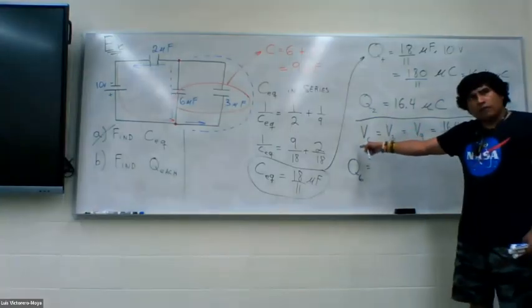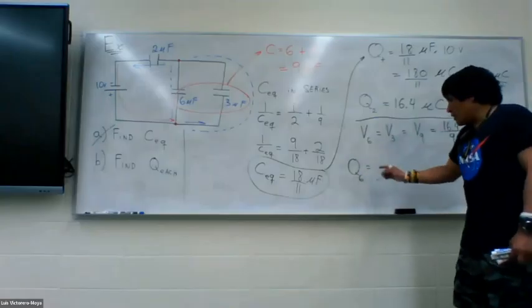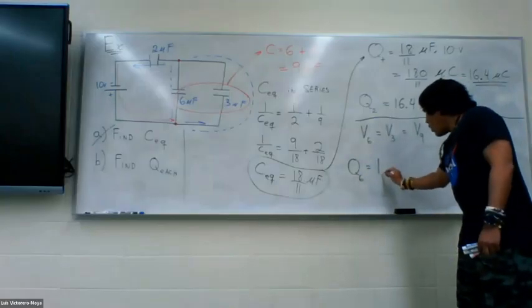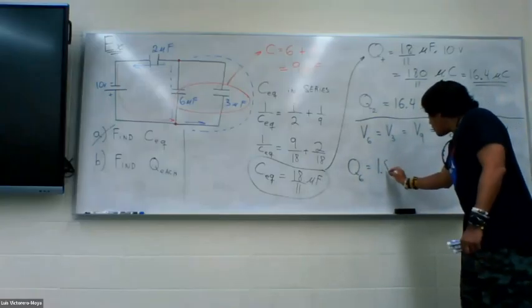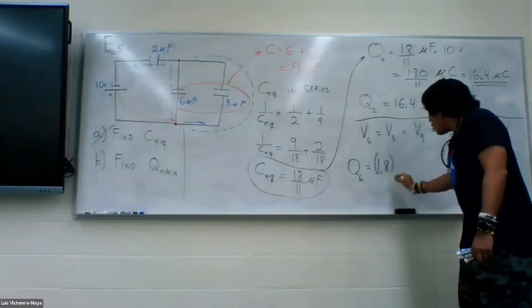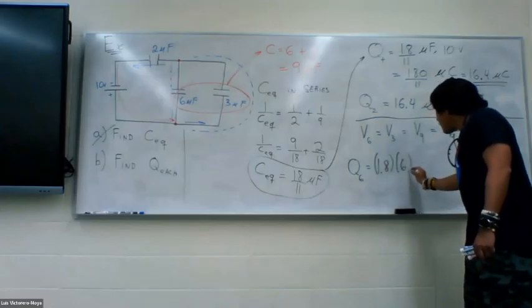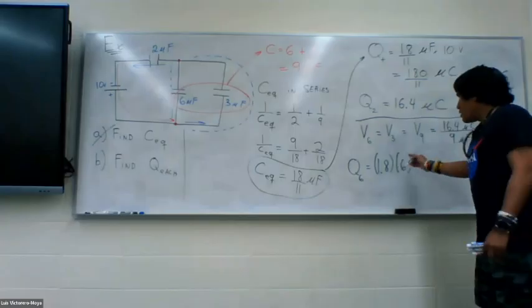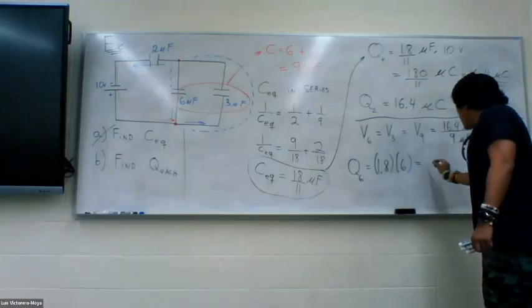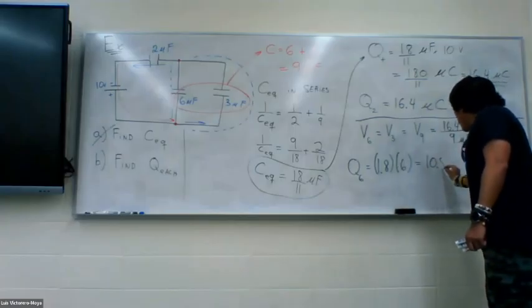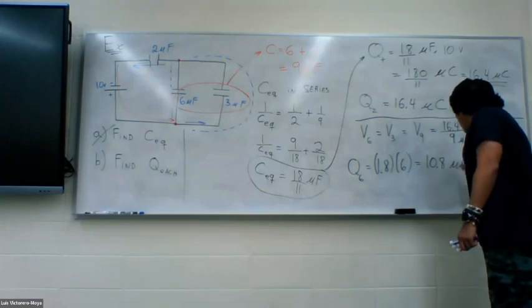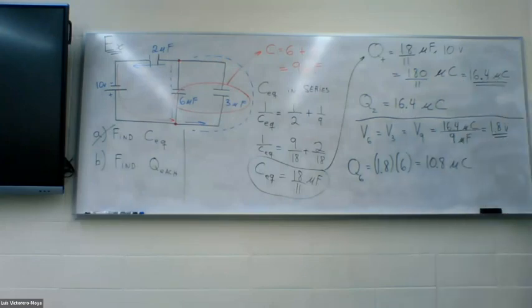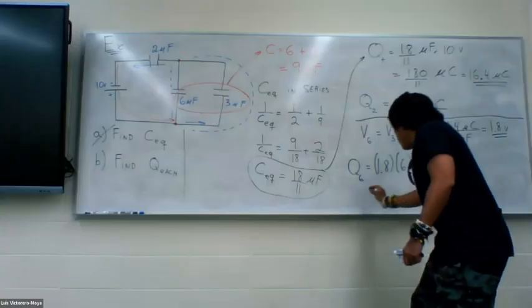Which is the voltage on 6. So what's the charge on 6? 1.8 volts multiplied by 6 microfarads. That will be 10.8 microcoulombs. All right. You can find the charge on 3 by using the same.